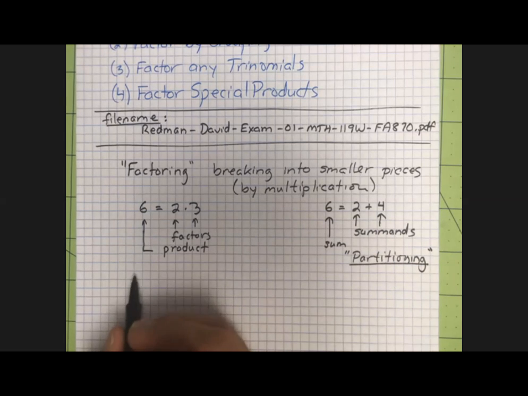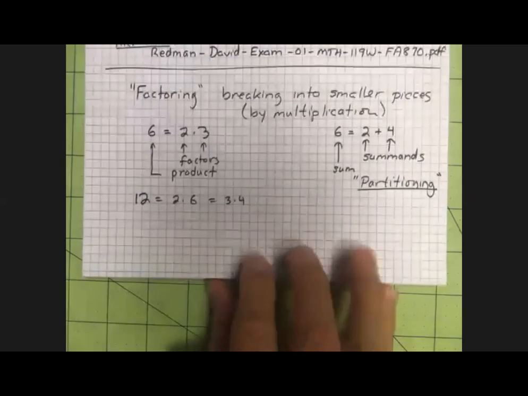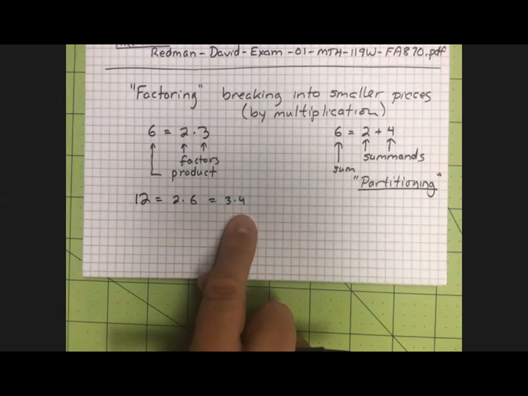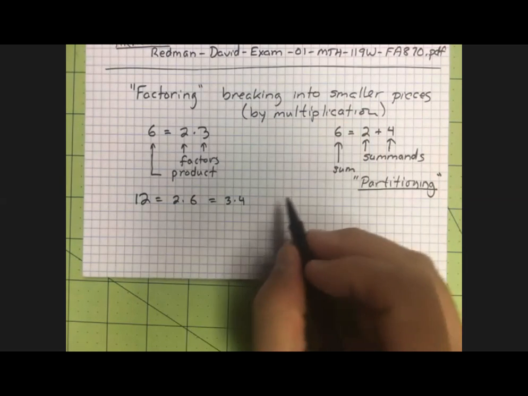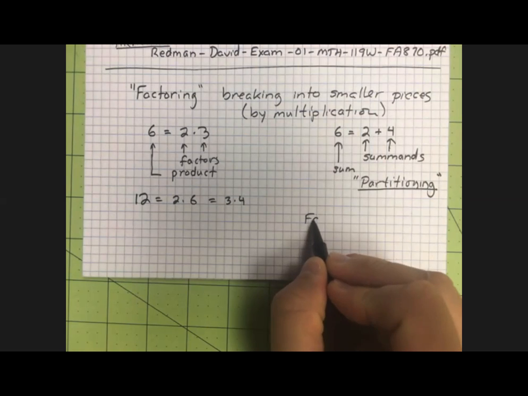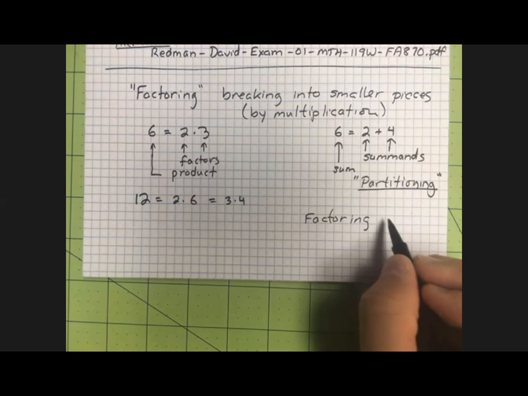So factoring. If I say 12, you say 2 times 6, and your friend says 3 times 4. And you both factored. You broke it down into smaller pieces by multiplication. But we're going to go one step further. I'm just using numbers to illustrate the words right now.